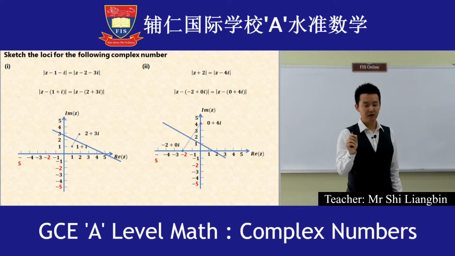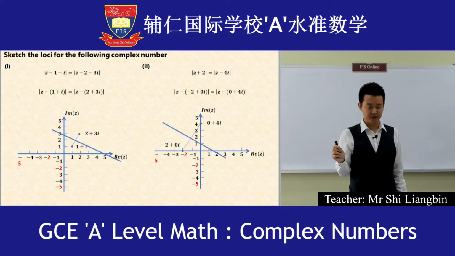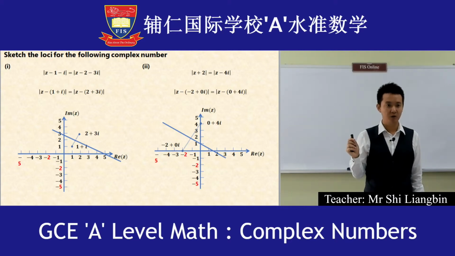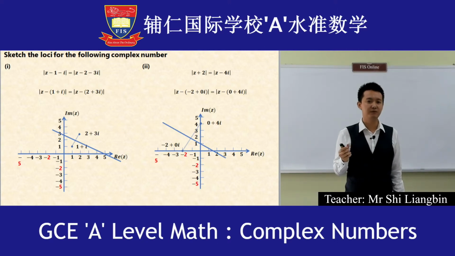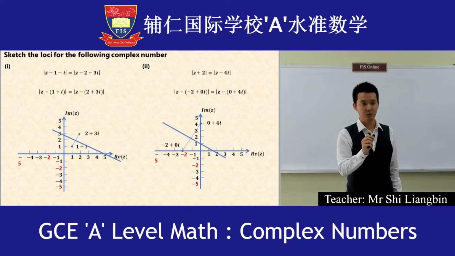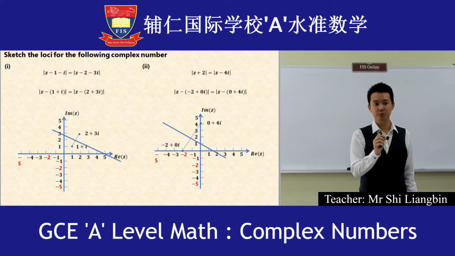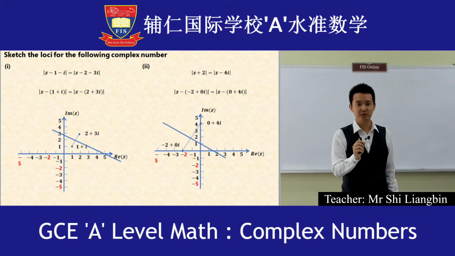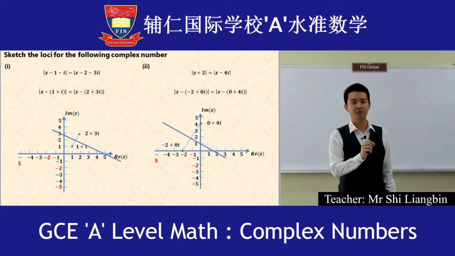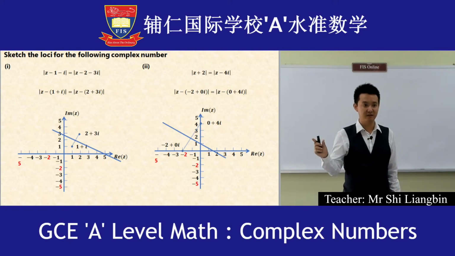Then if you look at our second example here, modulus of z plus 2 is equal to modulus of z minus 4i. This could be a bit confusing for some of you because you do not see a complete complex number here. But I need you to recall what we have done. A complex number could be purely real or sometimes purely imaginary. So no need to worry. You just need to change it into the standard form.